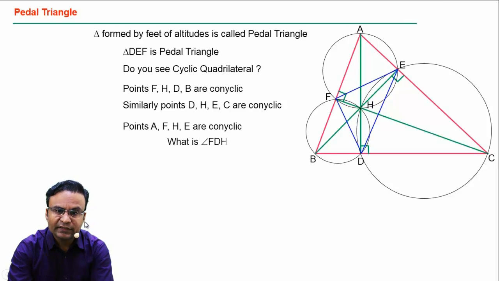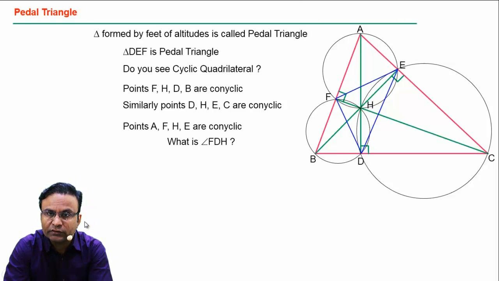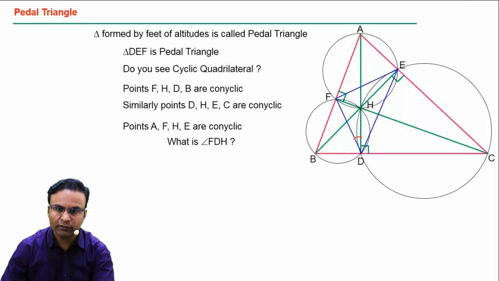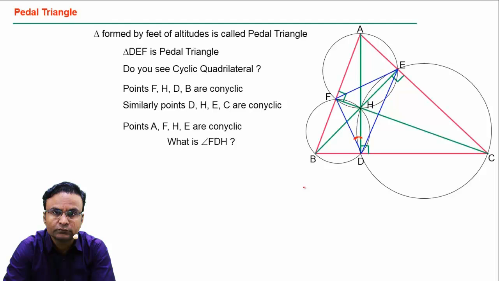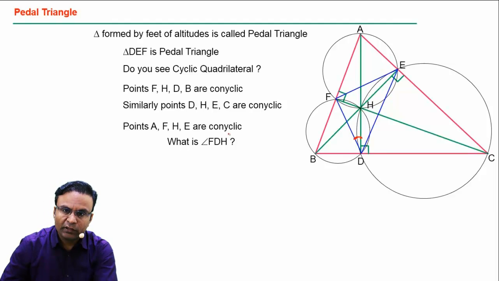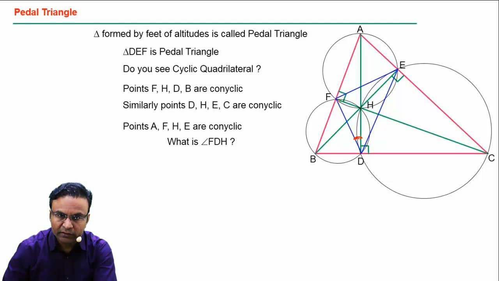Okay, what is angle FDH? We have this angle. Now how do you find this angle? If you see this cyclic quadrilateral, in this cyclic quadrilateral this angle is the angle subtended by this chord at point D. Now this chord is also subtending this angle. Here point B is lying on the circle.